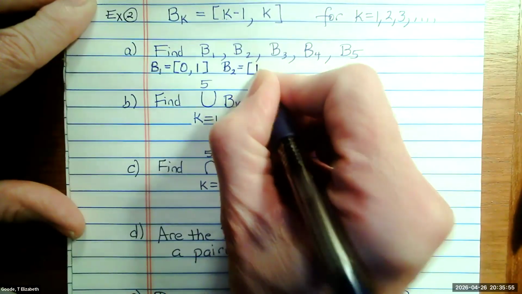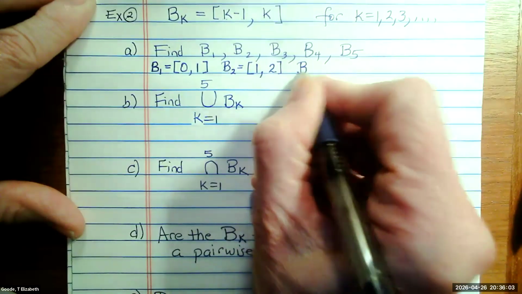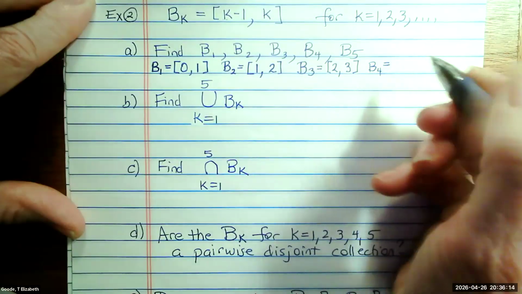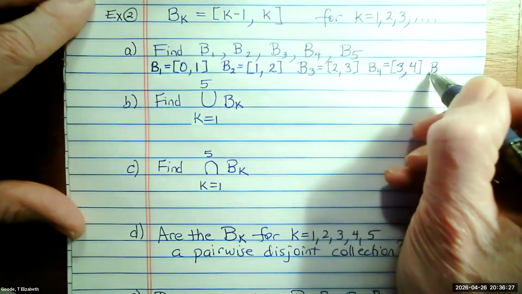So it would be 1 and then 2, hard bracket. Good. How about B3? B3 would be hard bracket 2 and then 3 hard bracket. Good. B4, you got this. It would be hard bracket 3 and then 4 hard bracket. And then B5 would be hard bracket 4 and then 5 hard bracket.